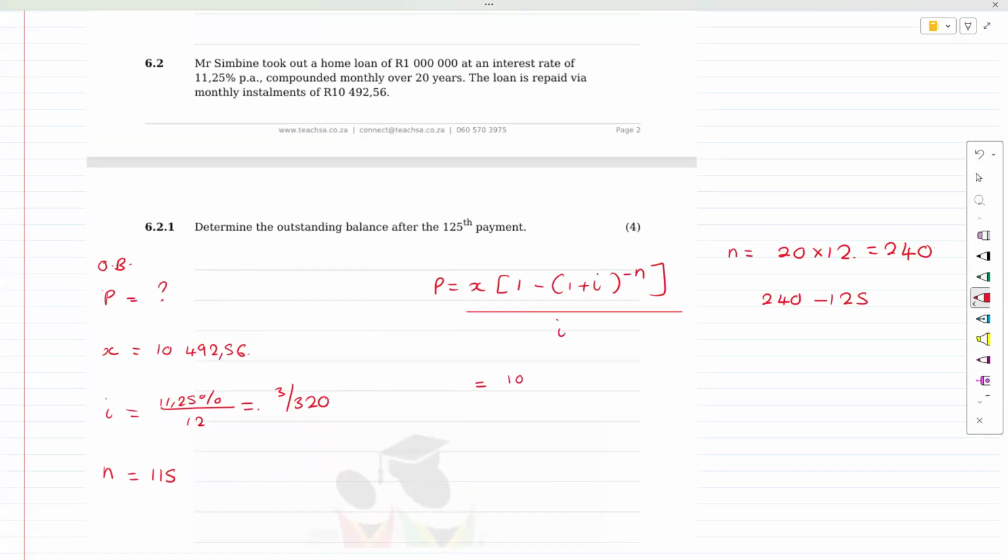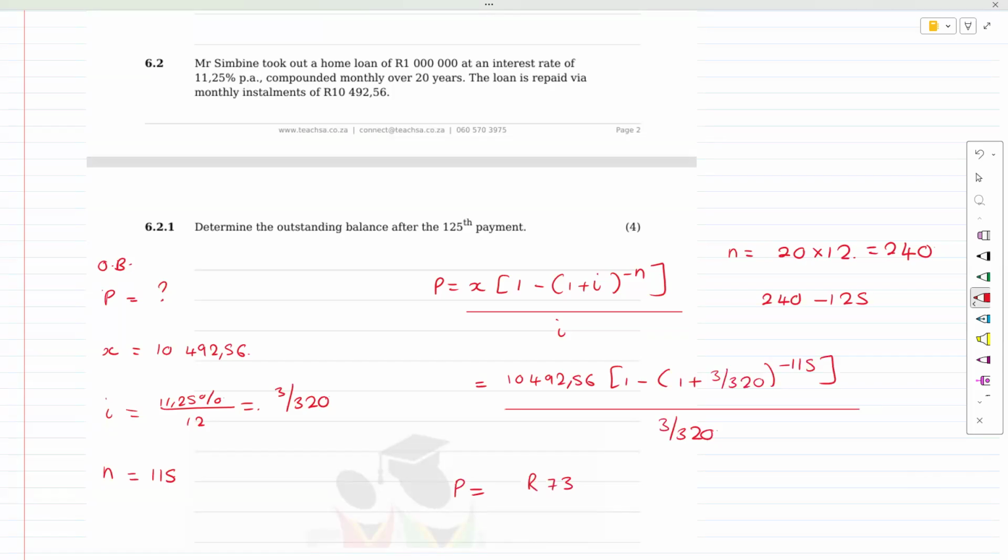That equals 10,492.56 times 1 minus 1 plus i, 3 over 320, to the power of minus 115, all over i. And all this equals, after the 125th payment, he technically still owes 736,498.33. That's what he owes. Now that's the simple way to do it.